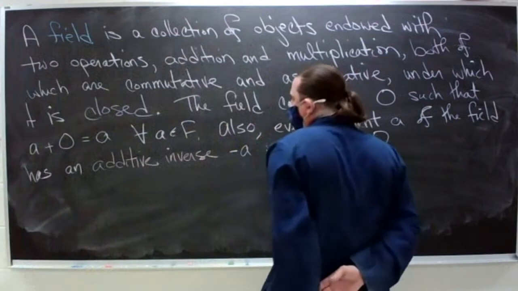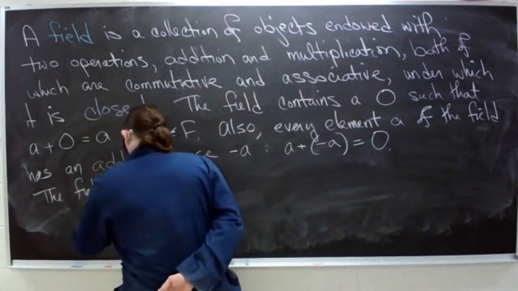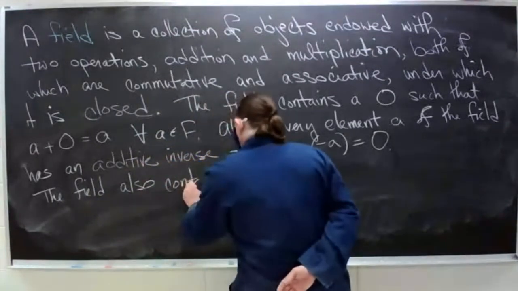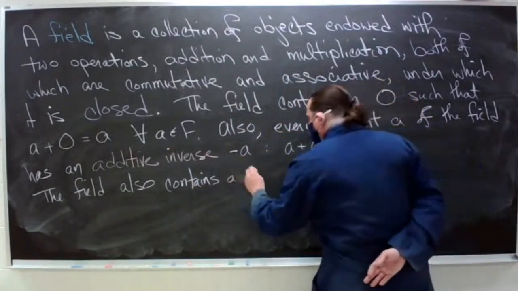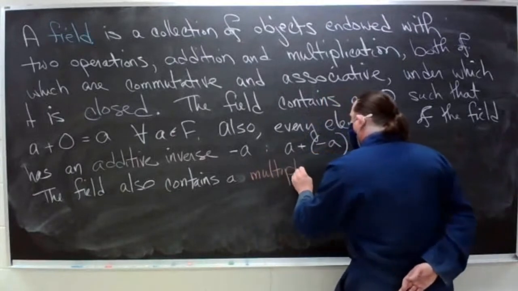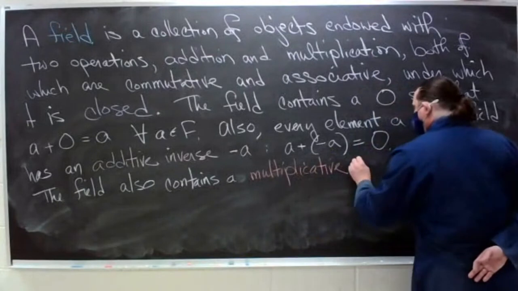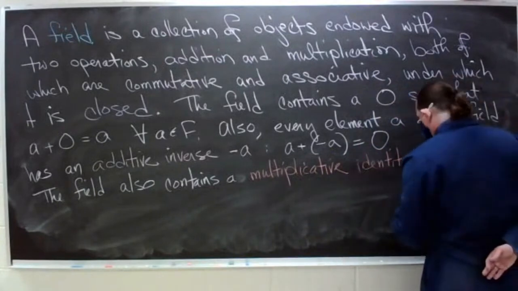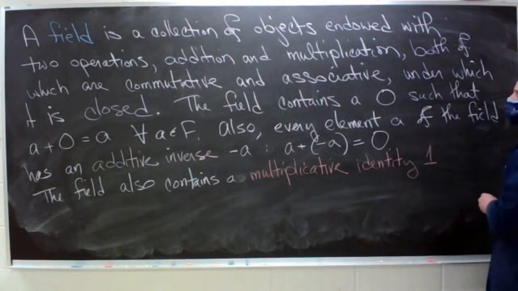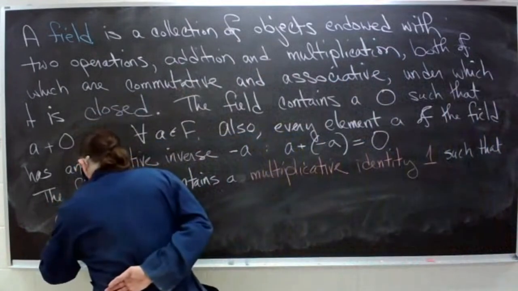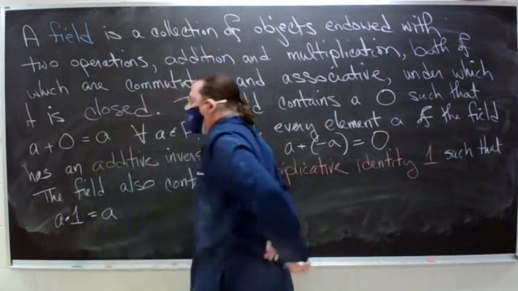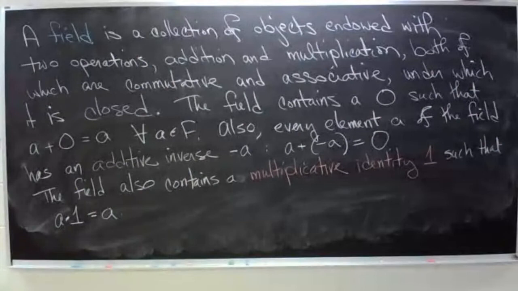In addition to this, the field contains a multiplicative identity, which we'll call 1, all right, such that multiplication by the multiplicative identity leaves the number invariant. Okay?